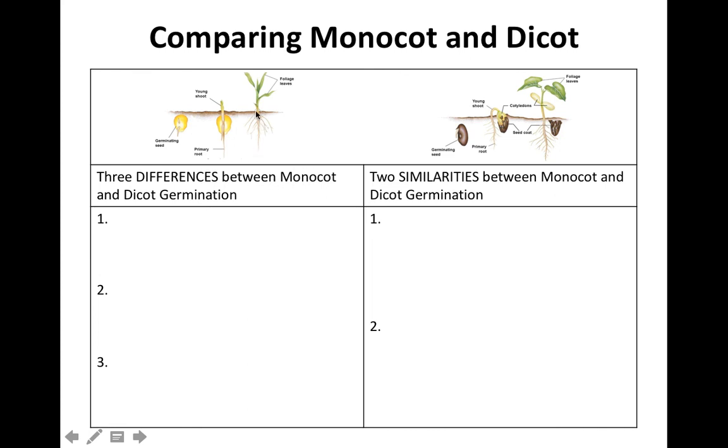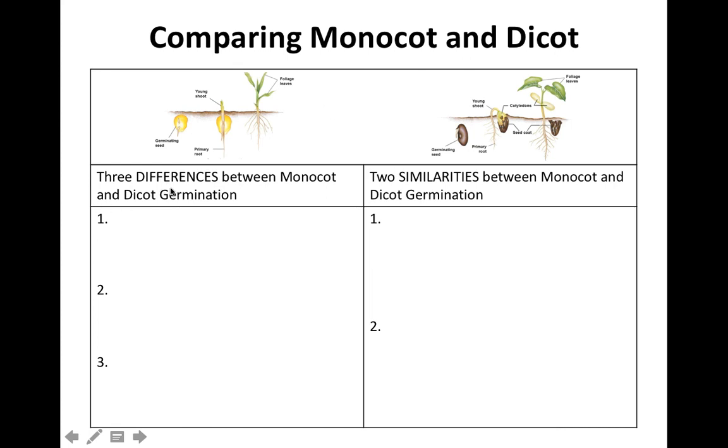I would like you to compare and contrast monocot and dicot. I'm not looking for a lot of information, just 3 differences that you can see that are talked about between the way that monocots, like this corn, germinate and sprout, and the way that dicots, like this bean plant, sprout.